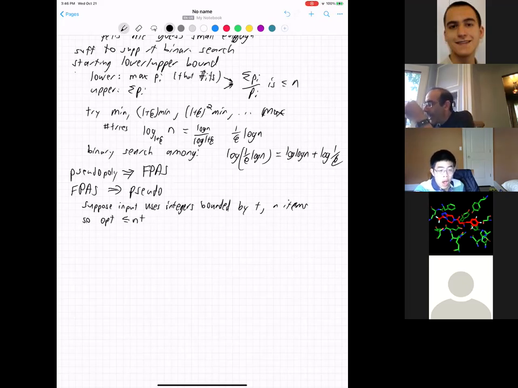Now, if I tell you that I have a fully polynomial approximation scheme for this problem, I can approximate to within any epsilon I like. I claim I can use that to exactly solve this problem. How do I do that? Remember, with an approximation scheme, you specify your epsilon, and it runs in polynomial time.